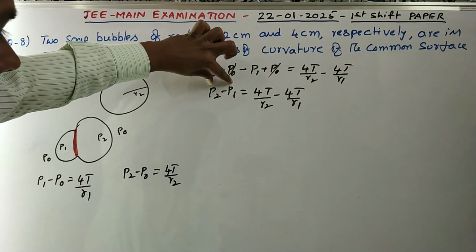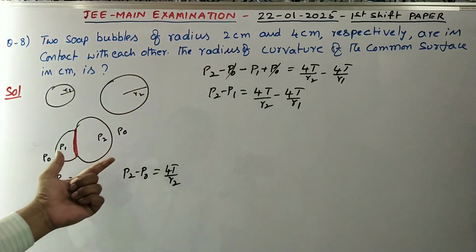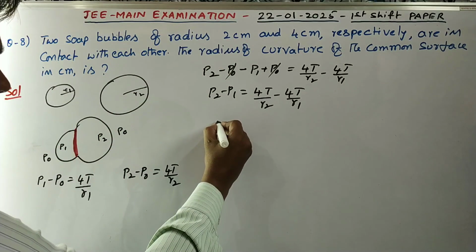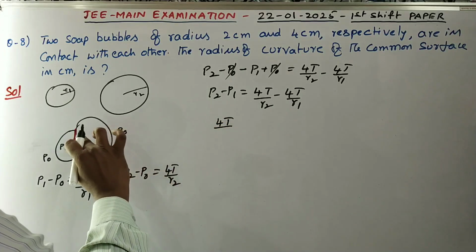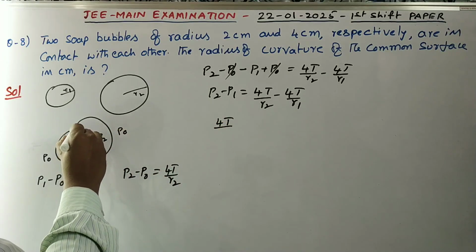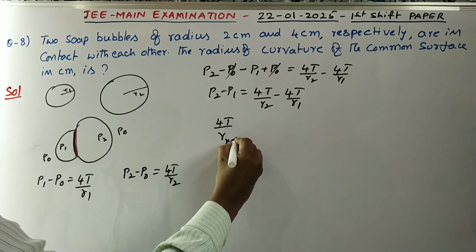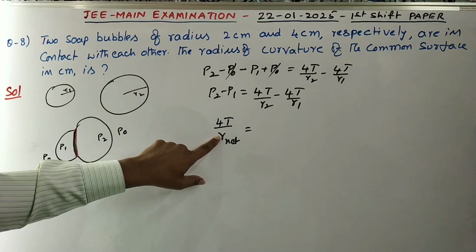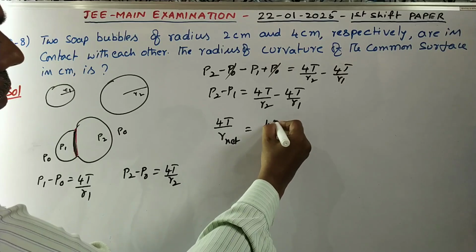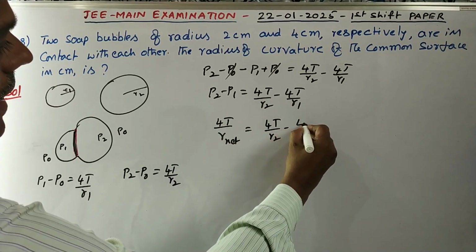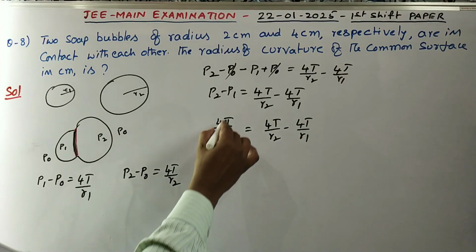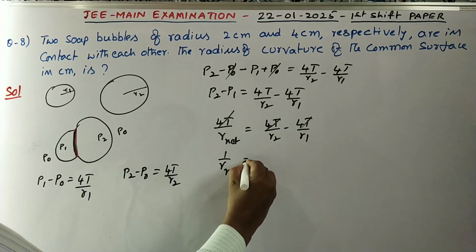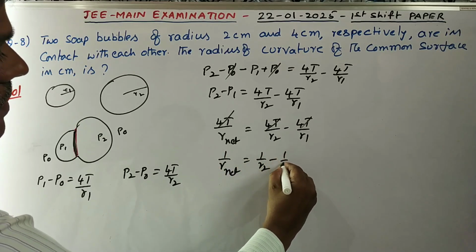This is the pressure difference between these two soap bubbles due to the surface in contact, which is equal to 4T by R net, the radius of curvature of the contact surface. So 4T by R net is equal to 4T by R2 minus 4T by R1. On both sides, this 4T is cancelled. 1 by R net is equal to 1 by R2 minus 1 by R1.